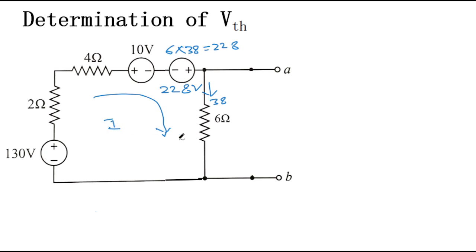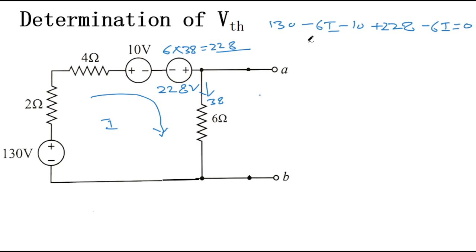If you apply mesh analysis here, it will give you 130 minus 2I and 2I, that will give you 6I, then minus 10, plus 228 volt, and then minus 6I, that is equal to 0.